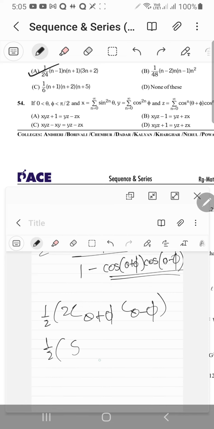Yeah, it's got to be cosine of the addition and cosine of the subtraction. That would give this thing. So it's just 2 theta and, yeah, cosine of the subtraction is 2 phi.